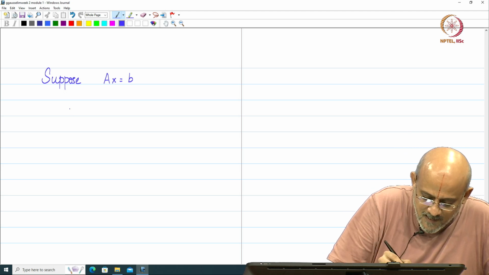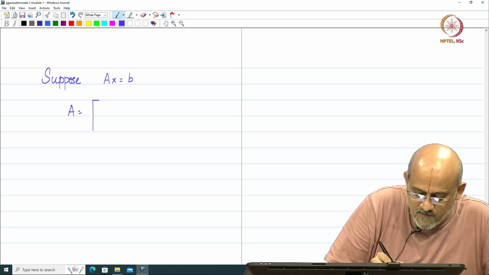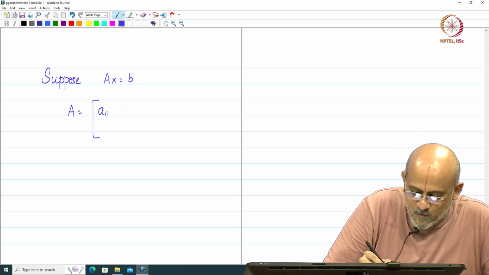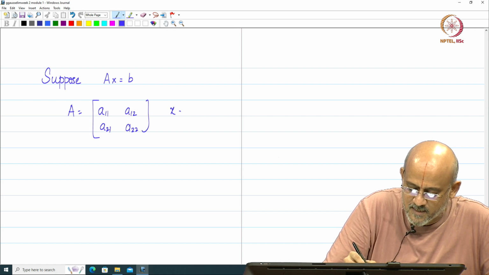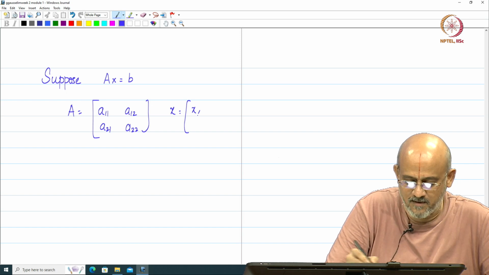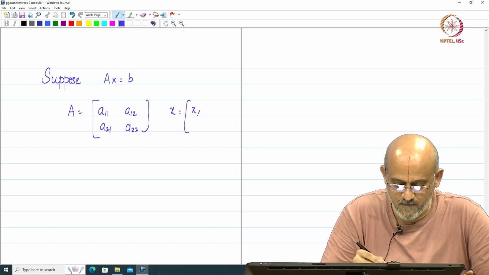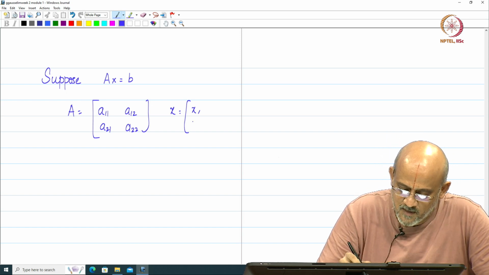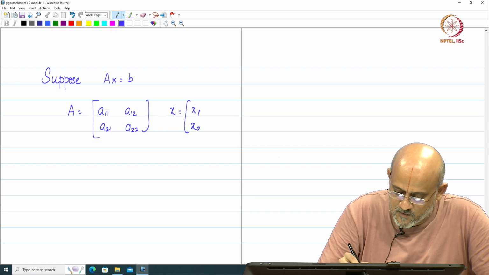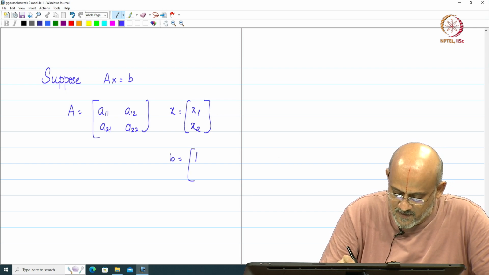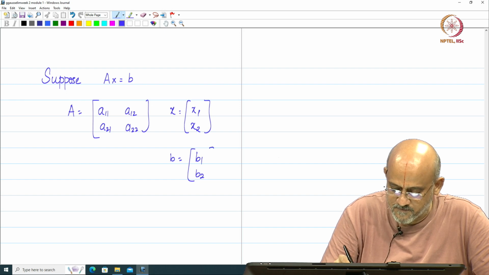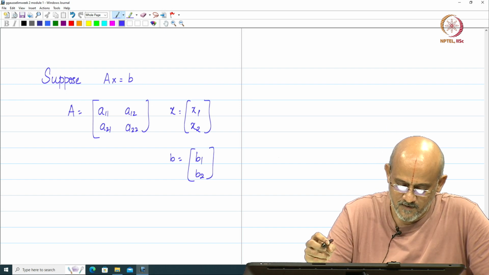So I am going to have this matrix A, which is given by A11, A12, A21 and A22. Naturally we know that there are only 2 unknowns, x1 and x2, and we are just going to have 2 constants, say b1 and b2. This is what we have.